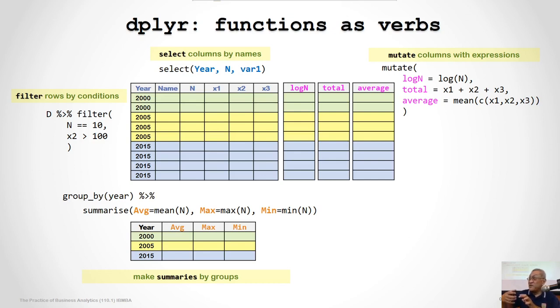And as I have mentioned, the input and output of every Dplyr function is a data frame. It's always a data frame. Input is a data frame, output is a data frame. So you basically can build a data pipeline.